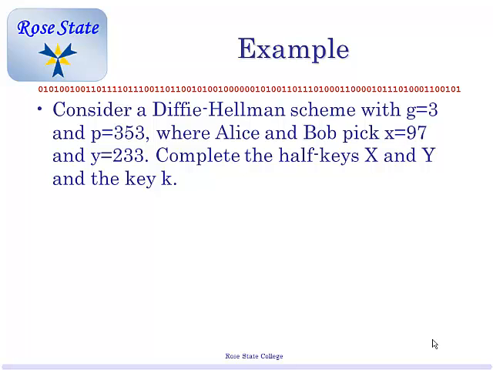So let's look at an example. Consider the Diffie-Hellman key exchange scheme where G is 3 and P is 353. Remember, those are the two we passed, the G and the P. Then Alice and Bob pick X of 97 and Y of 233. Complete the half keys and then the key. That's the exact way the assignments are written. Now, let's look how it works.